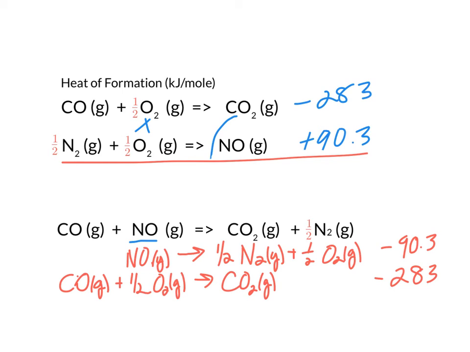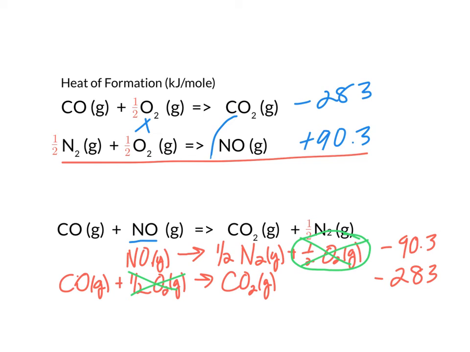And what I remember my math teacher telling me is, if I want to get rid of things, I have to subtract them. So let's think about it, I'll use a green here. If I want to get rid of this, I will subtract it from that right side. Whatever I do to one side, I do to the other. So if I subtract half an oxygen gas from the right-hand side, I do it to the left as well. So in essence, I'm getting rid of these, which is nice, because I do not want that in my reaction.